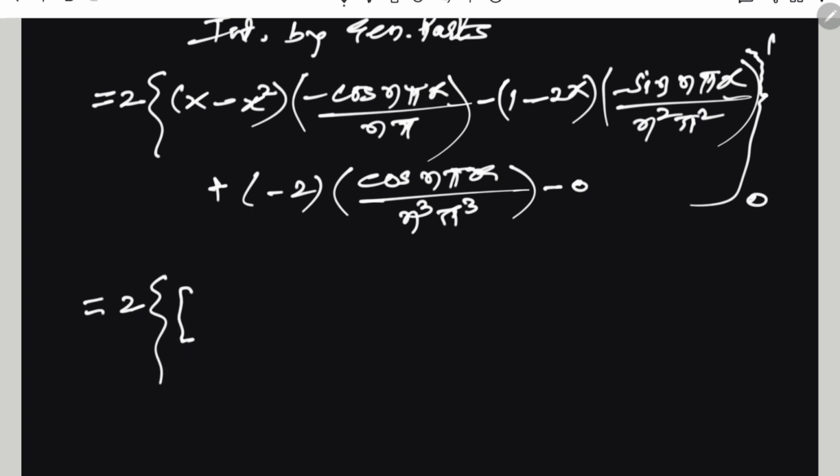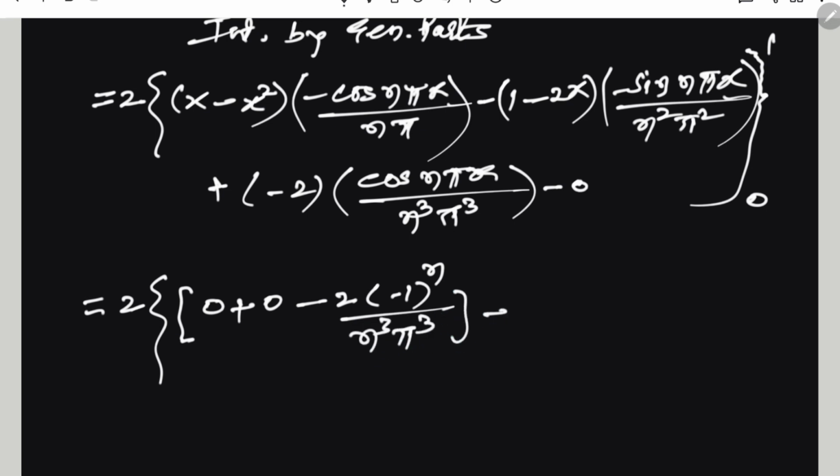Therefore Bn is equal to 2 into 1 minus 1 we get 0, minus sin 0 as 0, sin n pi as 0, therefore that term is 0, and cos n pi, therefore it is minus 2 times minus 1 raised to n upon n cube pi cube, bracket close, minus lower limit x 0, therefore that first term is 0, sin 0 is 0 and cos 0 is 1, therefore it is minus 2 upon n cube pi cube.